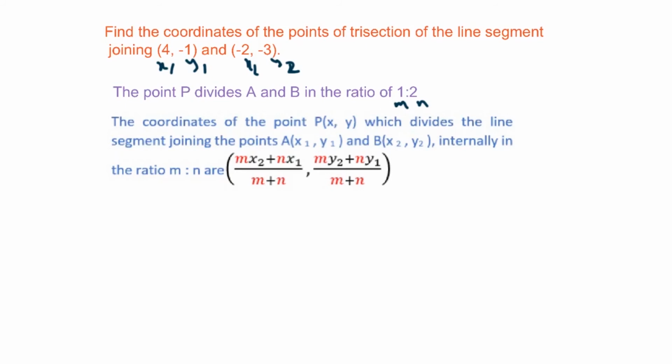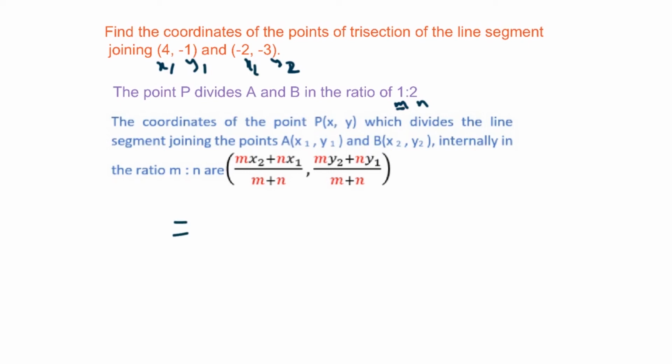The coordinates of the point P(x, y), which divides the line segment joining the points A and B internally in the ratio of m is to n, are (m x2 plus n x1) by (m plus n), comma (m y2 plus n y1) by (m plus n). So let us substitute the values in the formula.